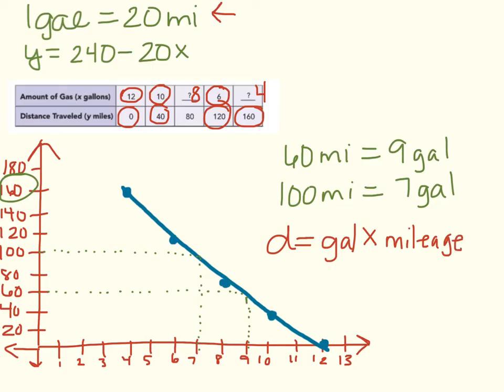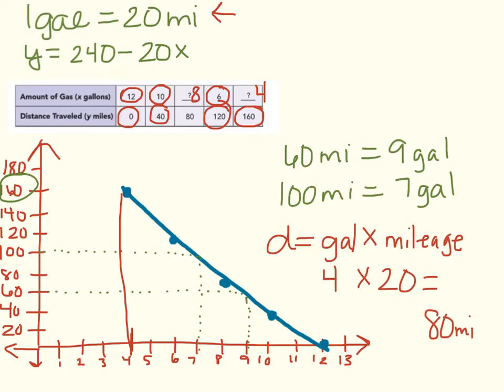Our rate is 20 miles per gallon. So the gallons left will be 4, right? Because when we've gone 160 miles, we have 4 gallons of gas left. We can go 20 miles to the gallon, so we can travel another 80 miles before we run out of gas.